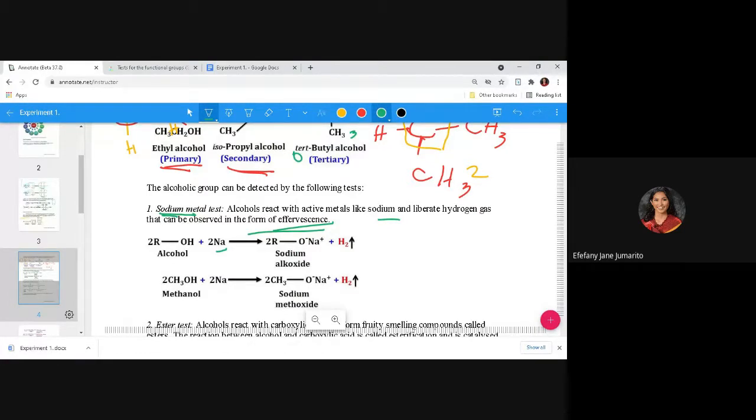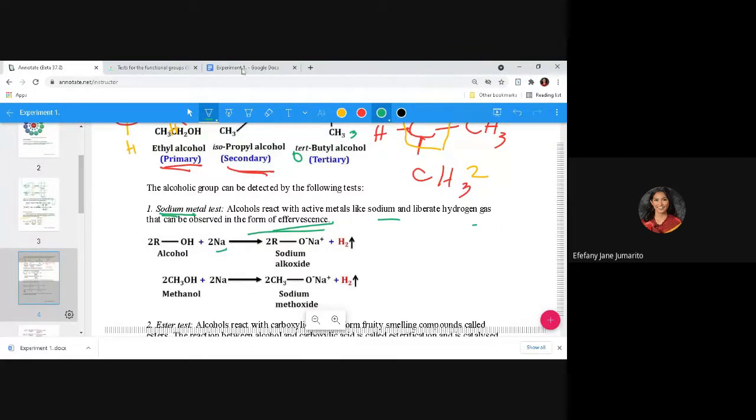Can you relate? Yes, ma'am. Maybe you have not yet drunk Coke or Sprite. So when we open that, the escape of gases, carbon dioxide, is what we call effervescence.